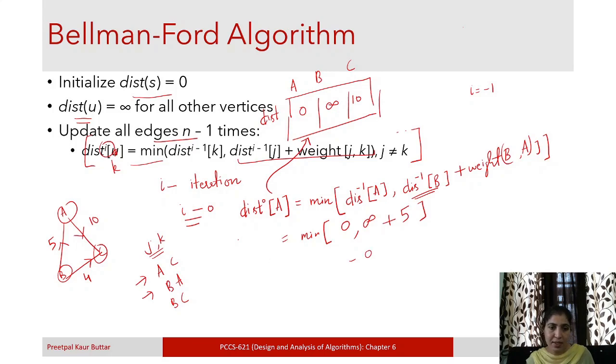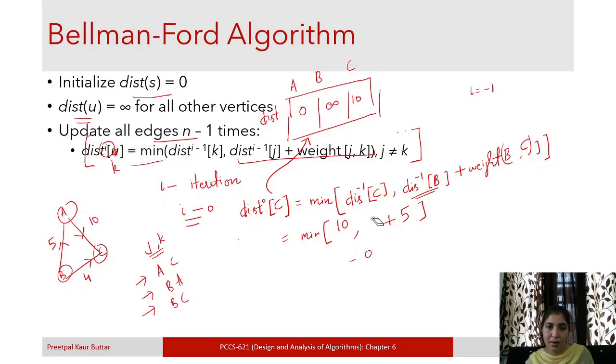Similarly, let us consider this edge. This is B to C. So now the destination is C. Okay, so the previous distance of C, it is 10, right?